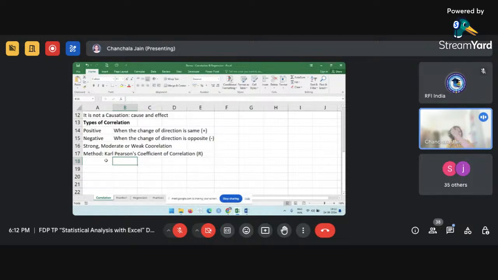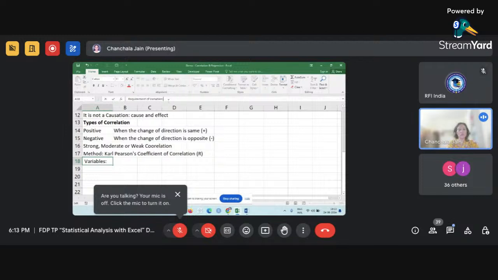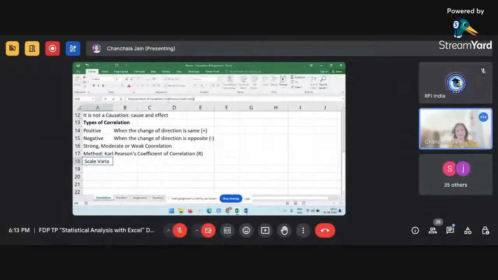Now for applying the Karl Pearson coefficient of correlation, which kind of variables do you need to have? The requirement of variables: to apply Karl Pearson's coefficient of correlation, you need to have continuous scale variables.